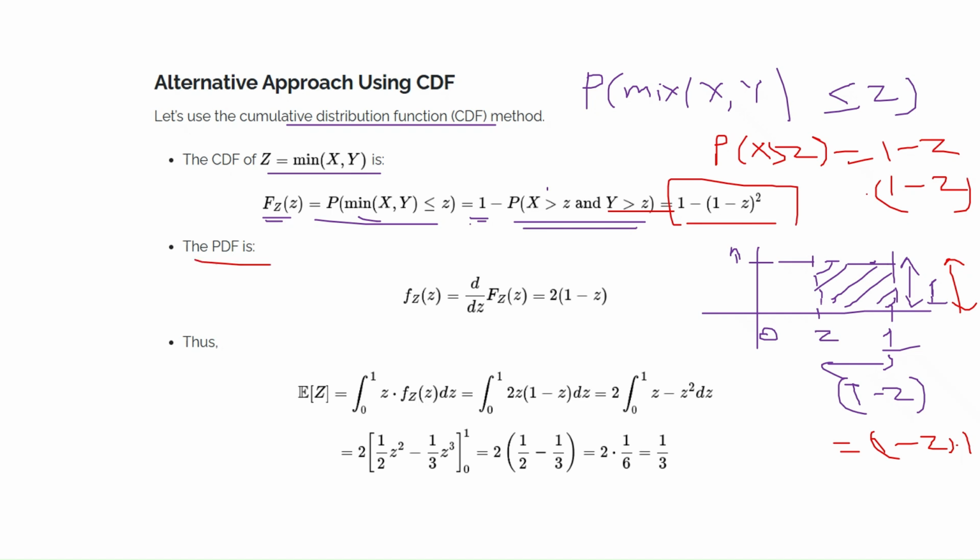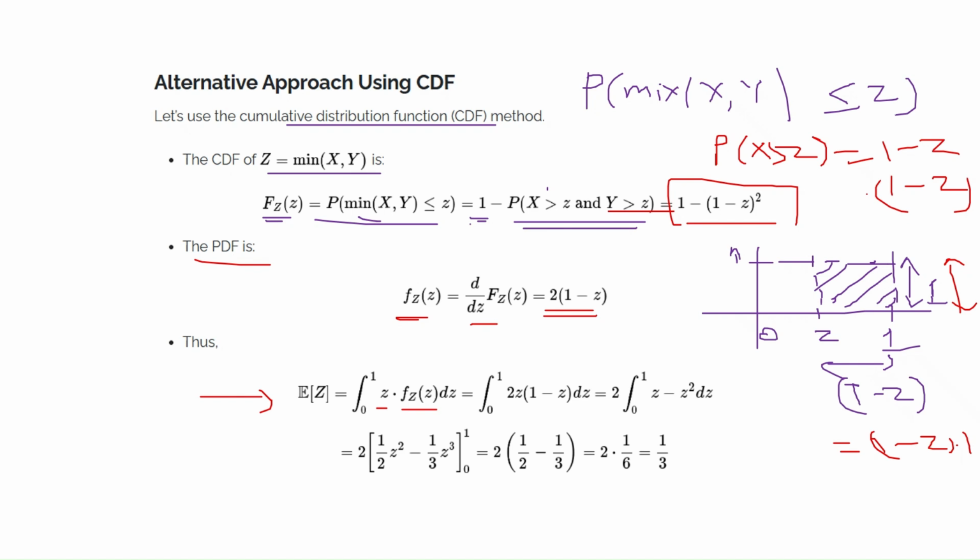Now we can differentiate this to get the PDF, d by dz of F of z. This gives us 2 times 1 minus z. Now we have the PDF. We can easily evaluate the expected value, which is z times f of z dz integrated over 0 to 1.